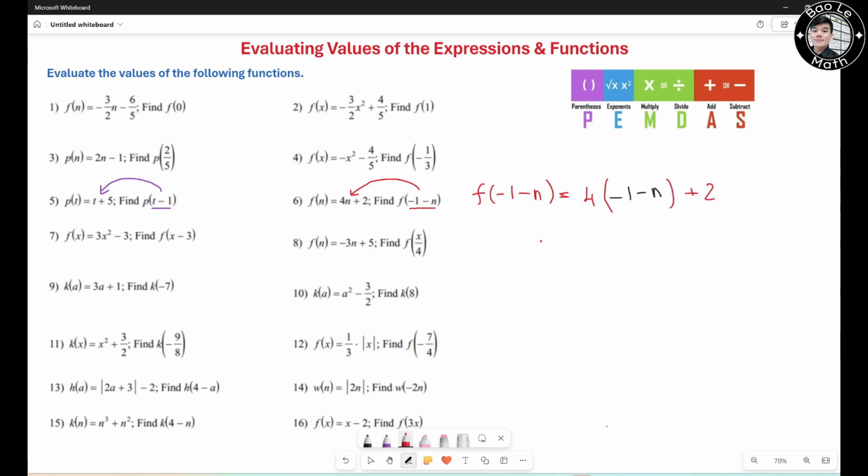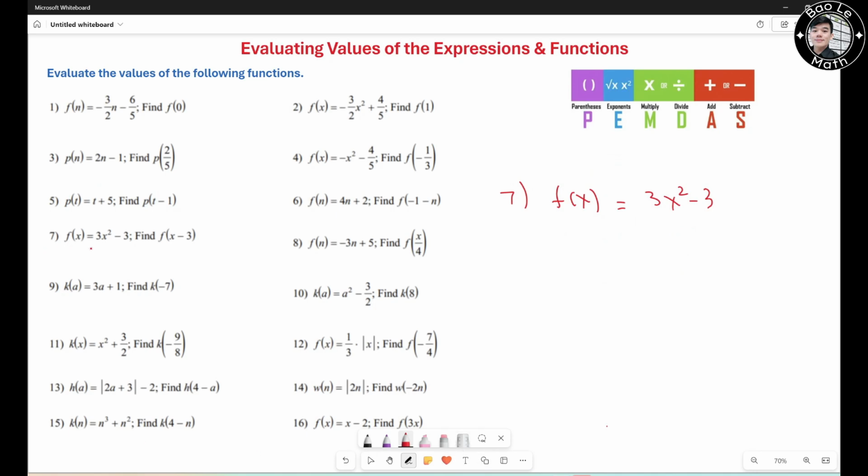Now I need to simplify this one, so I just distribute. So 4 times negative 1 is negative 4. 4 times negative n is negative 4n. And then plus 2. Now I need to combine negative 4 plus 2. It's going to be negative 2 minus 4n. And this is the answer.